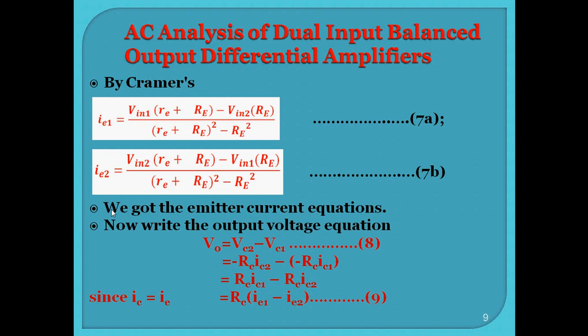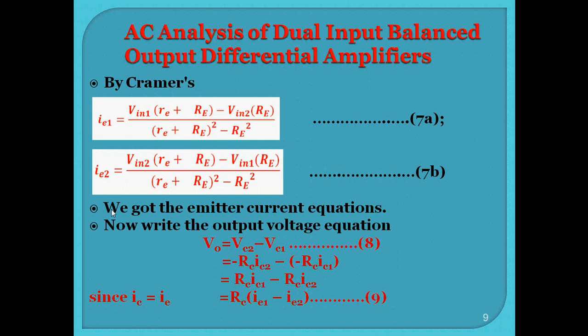For a differential amplifier, we know that the output voltage is nothing but the voltage across the collectors. We have already seen that the output voltage equation is the voltage at collector C2 minus the voltage at collector C1. So V0 is equal to Vc2 minus Vc1.